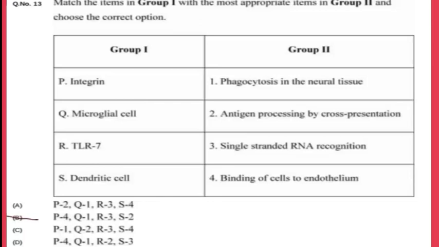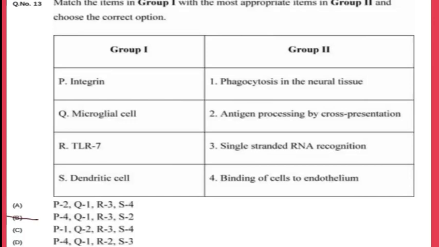Upon ligand binding, integrins activate a signal transduction pathway that mediates cellular signals such as regulation of the cell cycle and organization of the intracellular cytoskeleton. Integrins work along with other proteins such as cadherins and selectins.